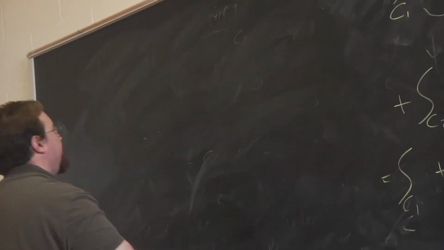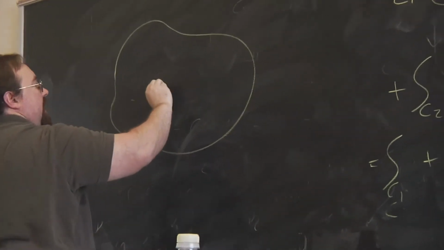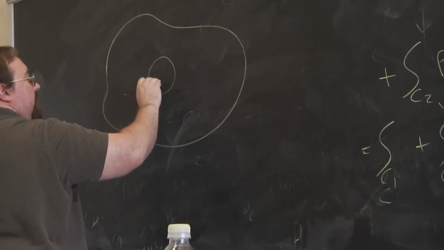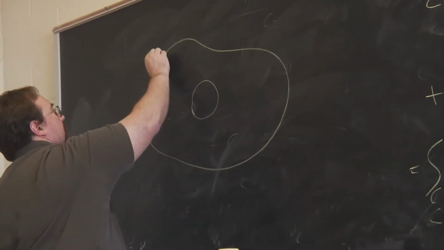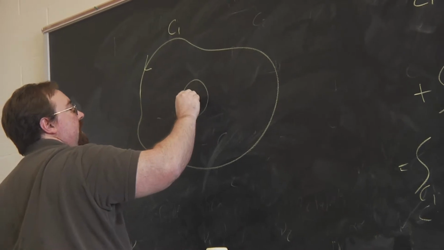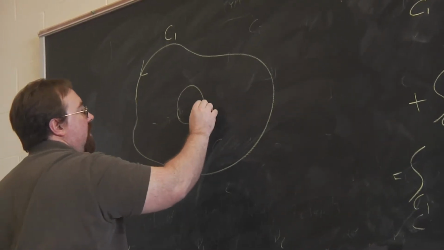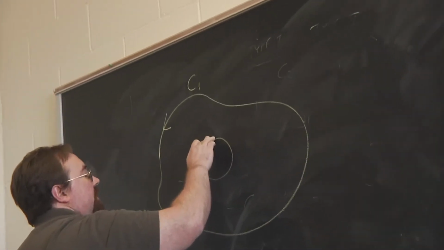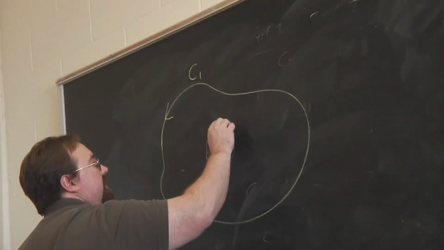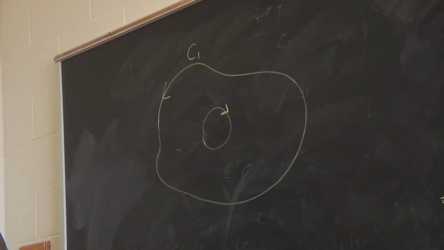So let's suppose you have a region and it has a hole. Okay. So we give positive orientation to this part of the boundary, and then here, for the region to be on the left, we have to give it the opposite orientation.